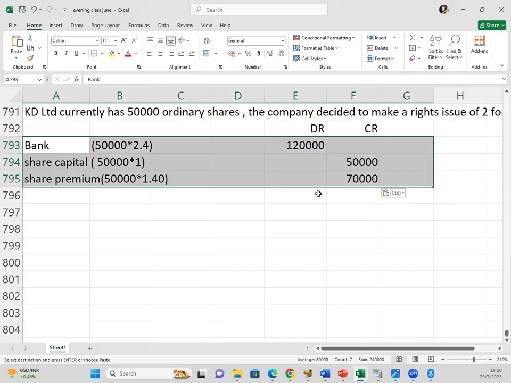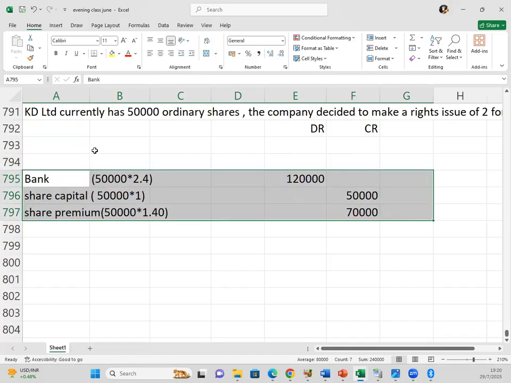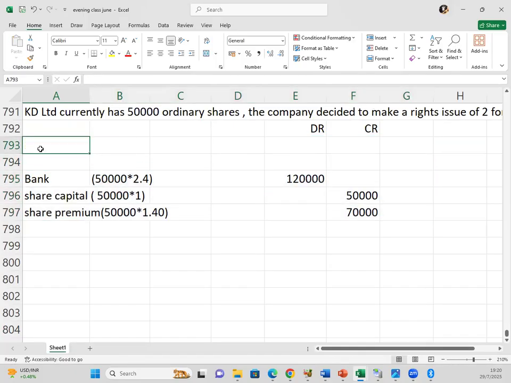It's not 50,000. The question said we have 50,000 ordinary shares and we decided to make a rights issue. So how many shares did we issue? That's the first question.